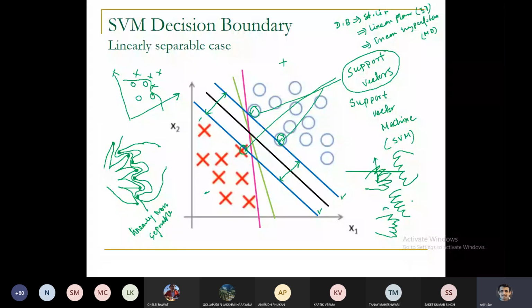If you do this, now these points are even linearly separable.